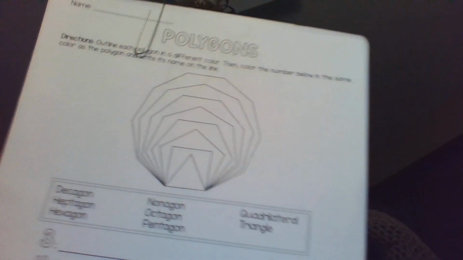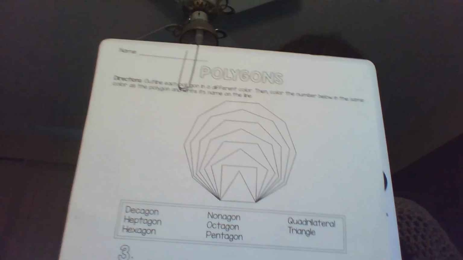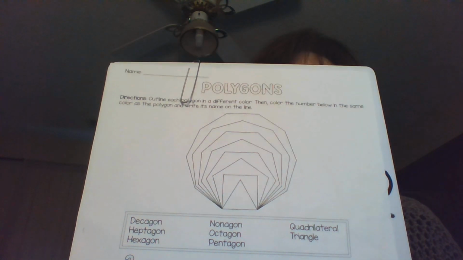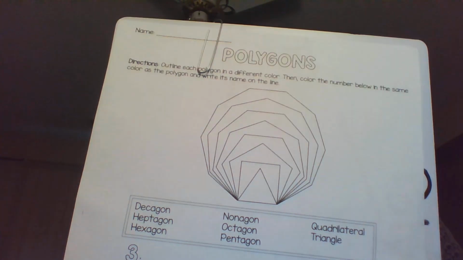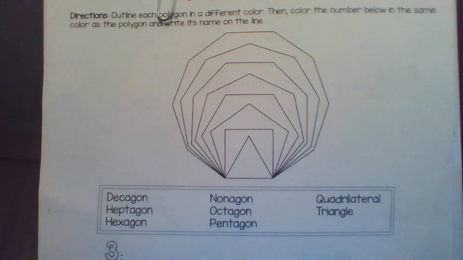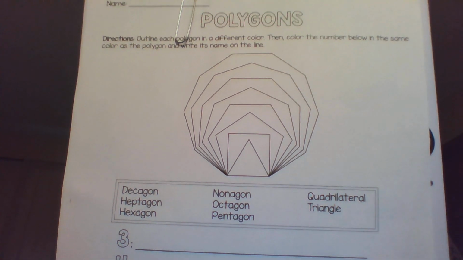Now, we're going to go on to a fun paper called Polygons. And this one is just going to help us understand all the different kinds of polygons. In two of the situations here, we would find that there are more than one in that grouping, but we just have to remember that that group is made up of more than one.